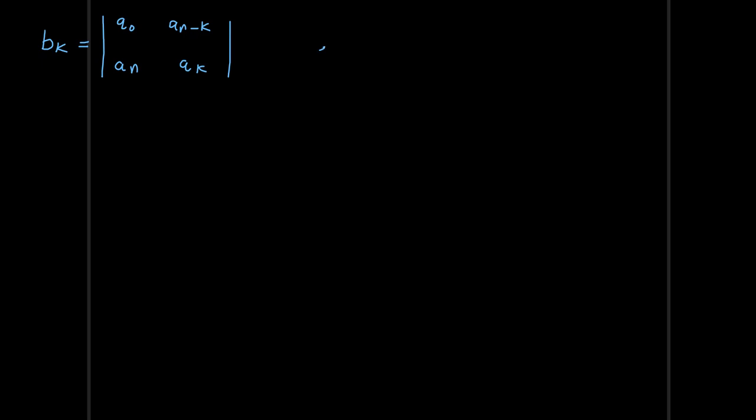So if I need to find b2, it will be the determinant of a0, a_n, a_(n-2), a2, which is a0 a2 minus a_n a_(n-2).